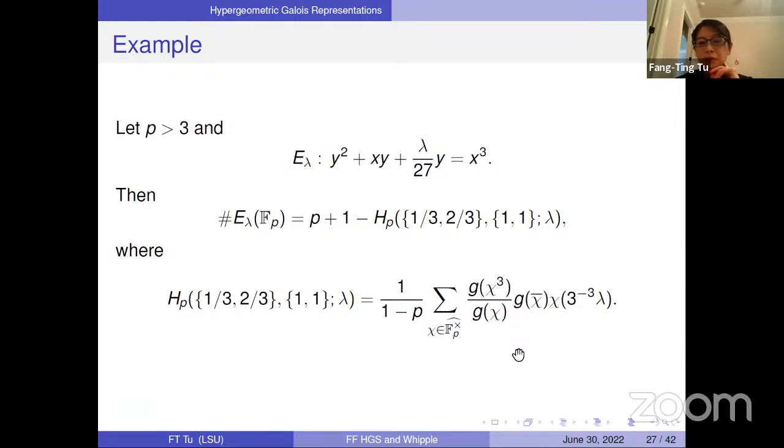So we can get rid of the order 3 character here, and this works for all primes p. BCN tells us this one is the correct one to give us the Galois representation.